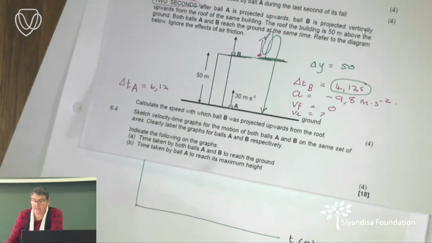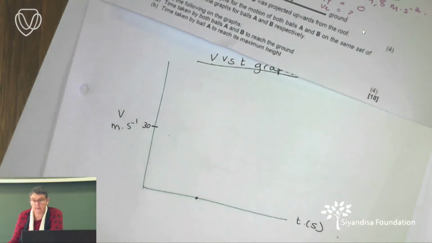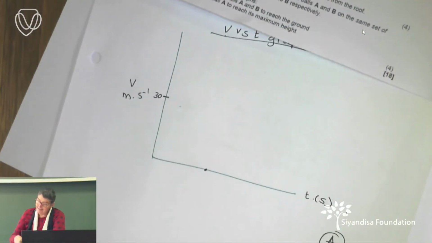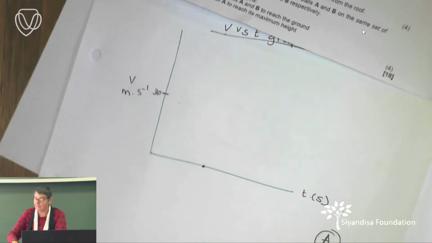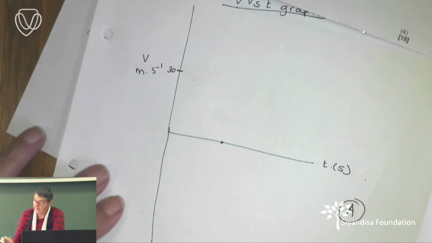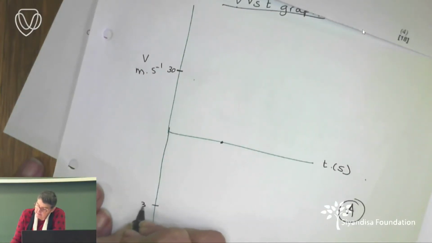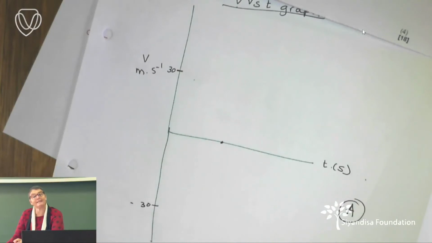It reached 0. Where's 0 on my graph? Over here somewhere. And then when it came down, it will reach the person's hand at 30 again, except this is negative 30 because it's indicating to me it's going in the opposite direction.